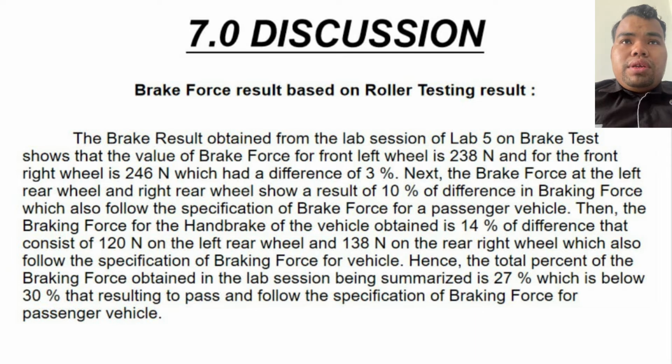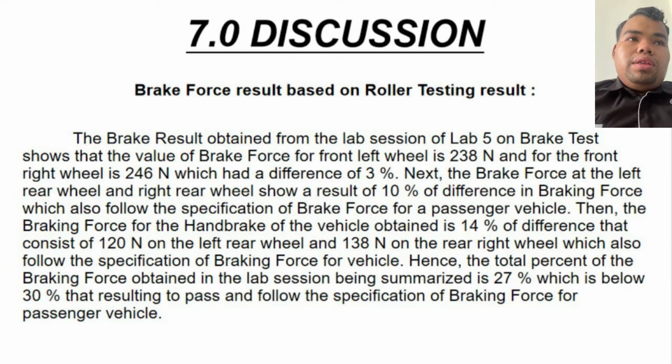And next, the brake force at the left rear wheel and right rear wheel shows a result of 10% difference in braking force, which also follows the specification of brake force for a passenger vehicle.